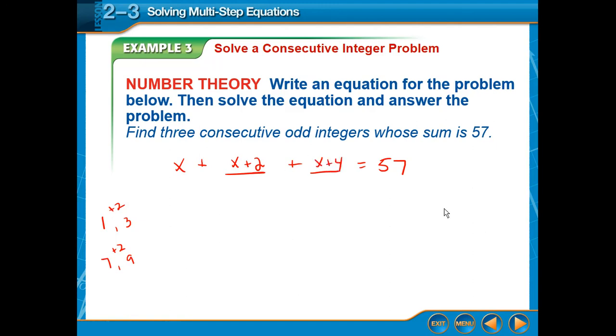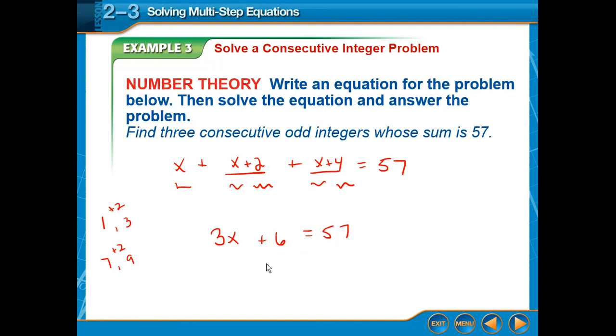So in order to solve this, I can combine any like terms. I have x, x, and x, so a total of 3 x's. And I have this 2 and this 4 that can be called 6, equals 57. If I was doing order of operations here, I would do x times 3 and then add 6.